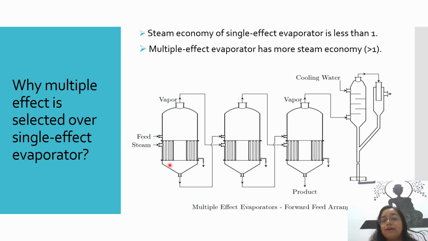As a result, in a multiple effect evaporator, steam economy will be greater than 1, whereas in a single effect evaporator, steam economy is always less than 1. That's why we sometimes prefer a multiple effect evaporator over the single effect evaporator, so that we can increase the steam economy.